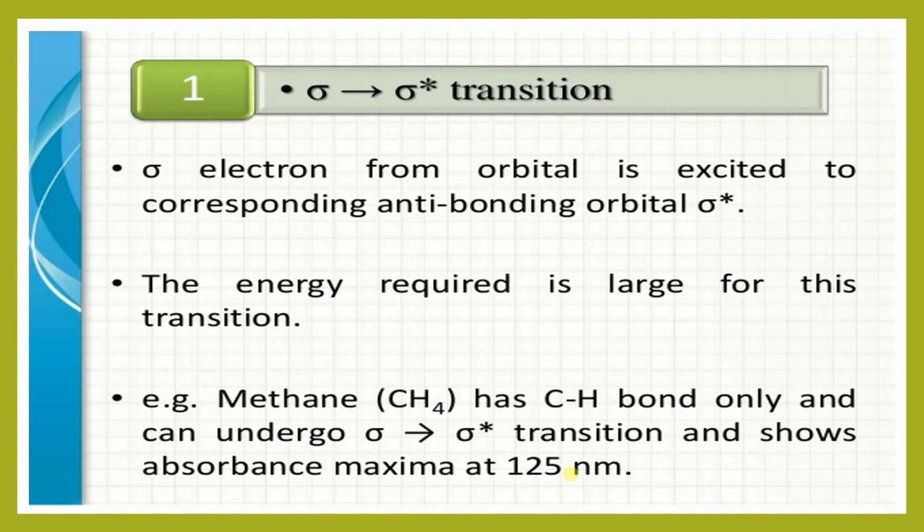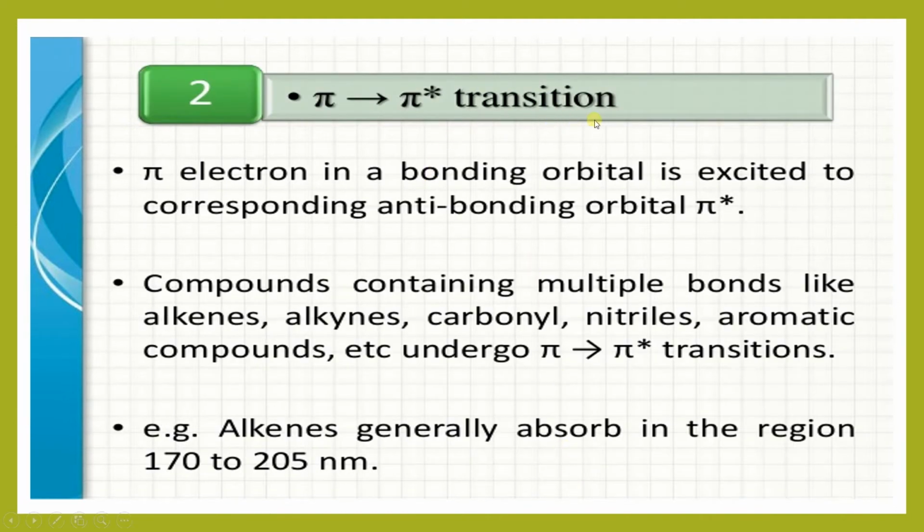Next, the second one, pi to pi star transition. A pi electron in a bonding orbital is excited to the corresponding anti-bonding orbital, pi star. This type of transition occurs in the unsaturated centers of the molecule, that is, in compounds containing double or triple bonds, and also in aromatics.